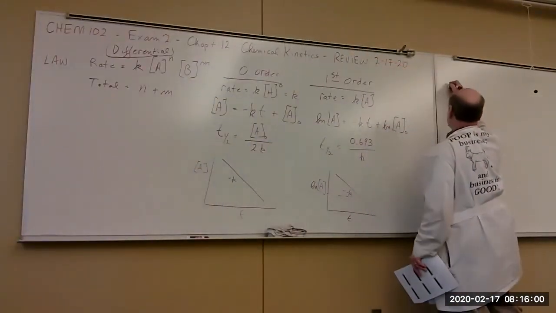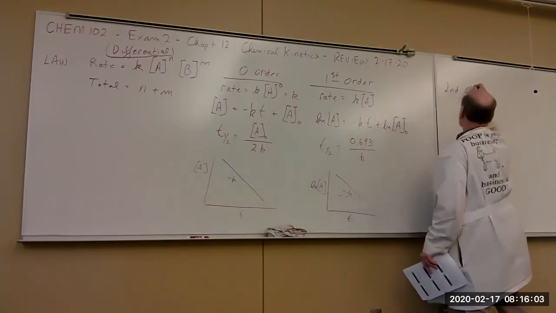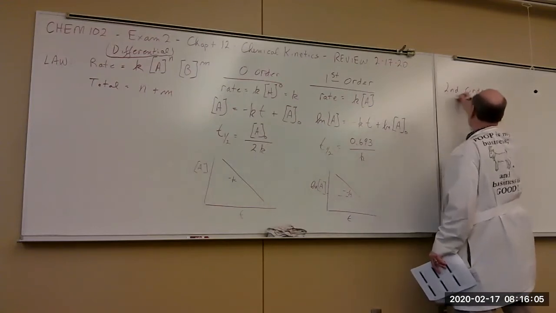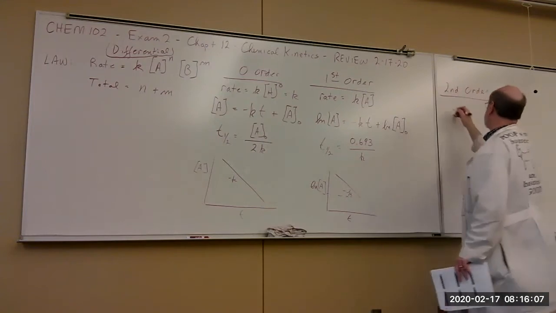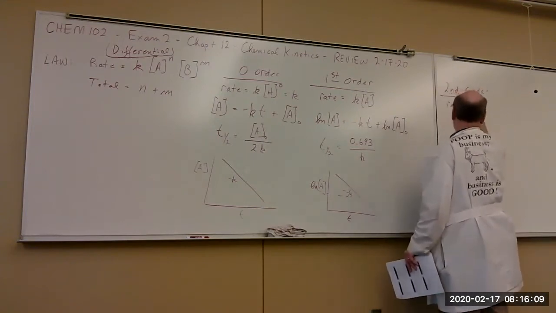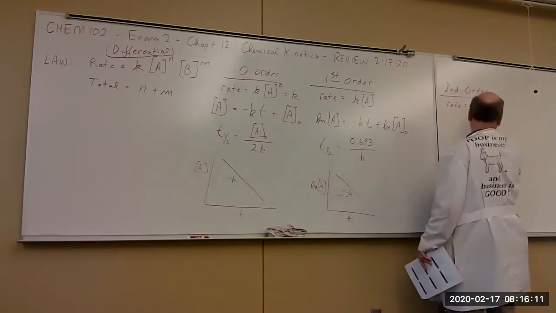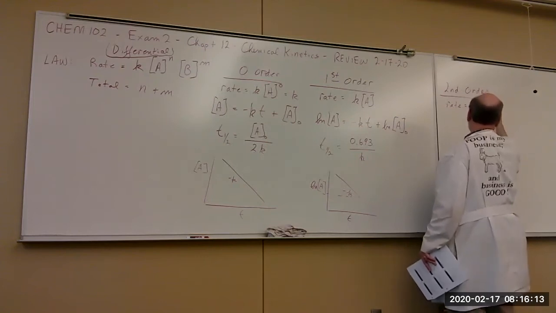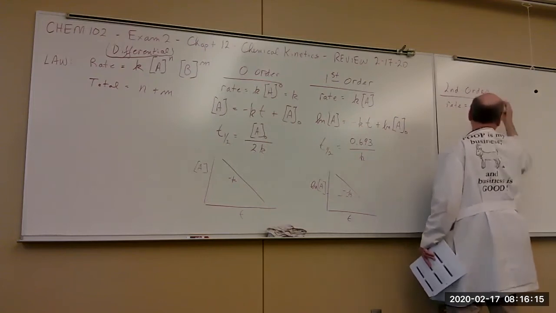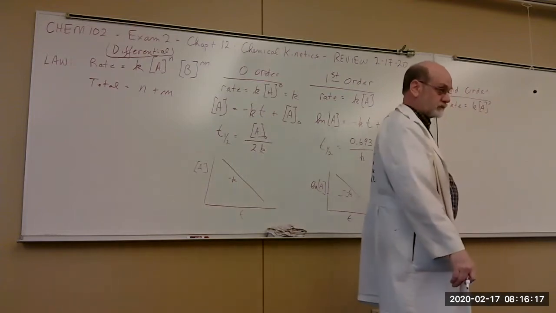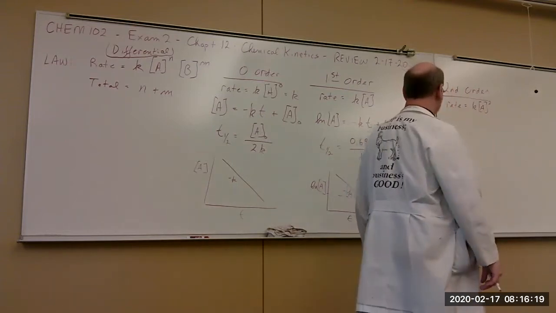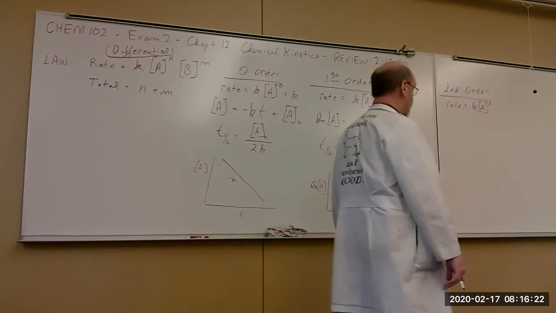So the last one we studied was second order. Okay, so the rate is simple. If we only have one reactant with respect to A, it's A squared. Now you get a straight line out of that.